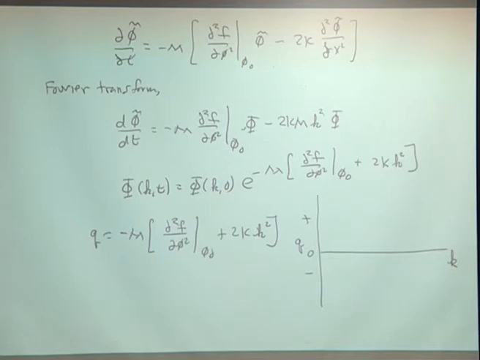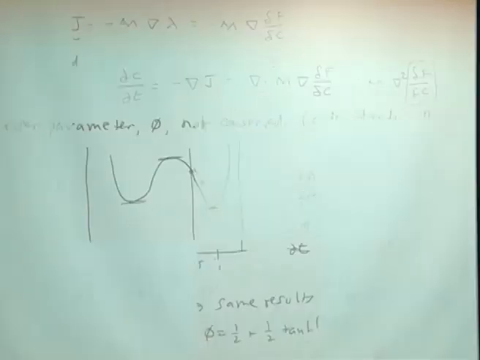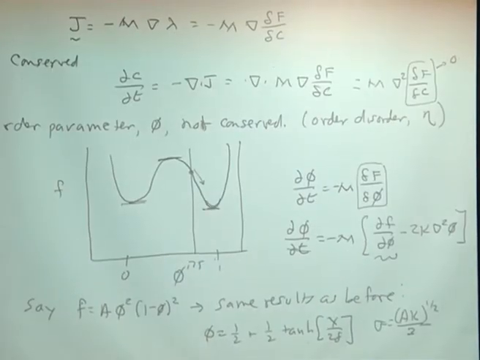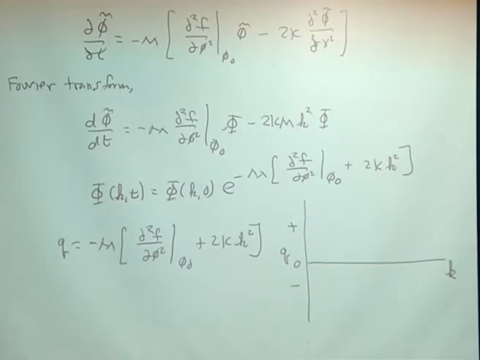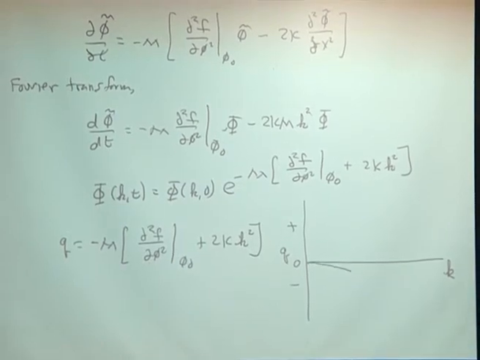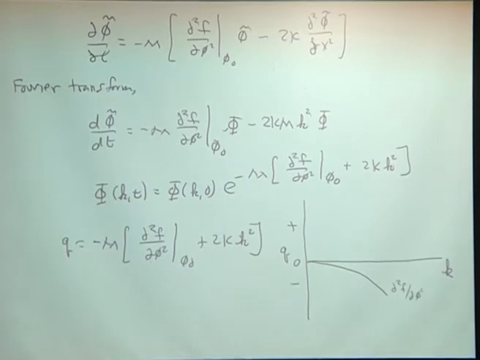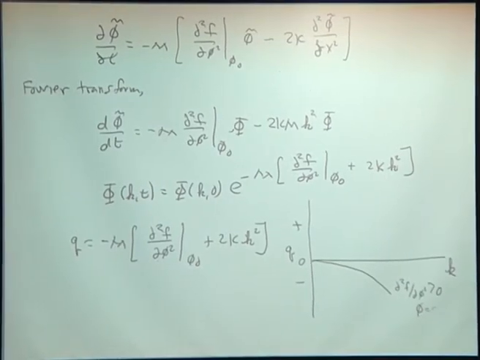Okay. If you look at the case where you're at the bottom of the well, if you're down here, the curvature is positive. And if you're at the bottom of the well, that's positive, and you get something that looks like this. This is phi equal to 0 and 1.